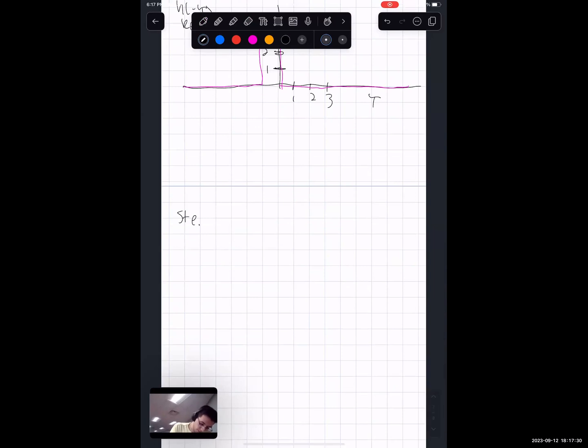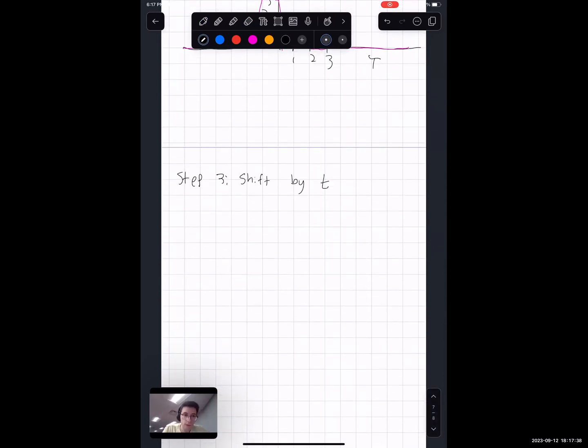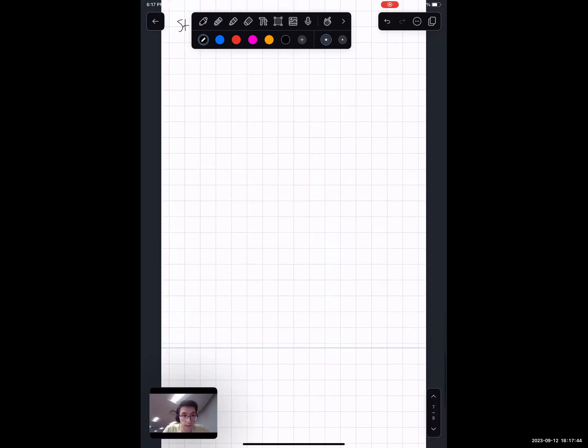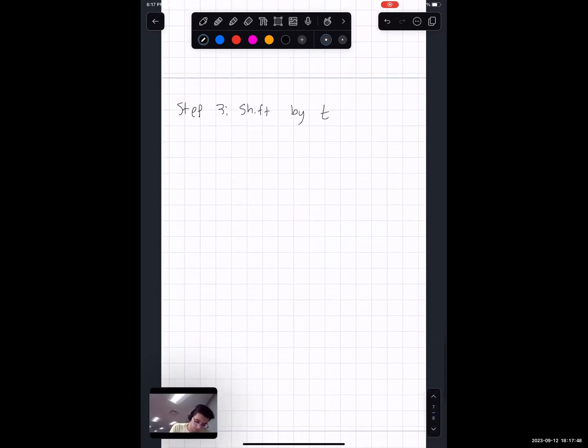So now we're going to shift it. We're going to shift by t. So now what we're going to do is move it to the left, so there's absolutely no overlap between h of t and h of negative tau and x of tau, right? That's going to look something like this.